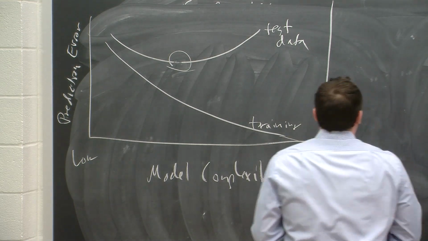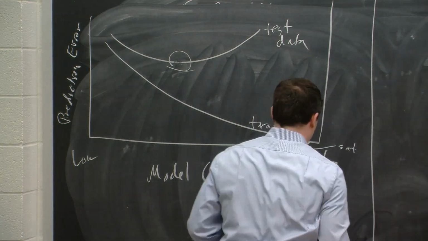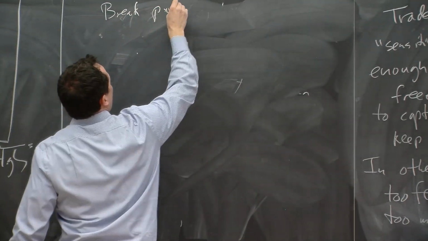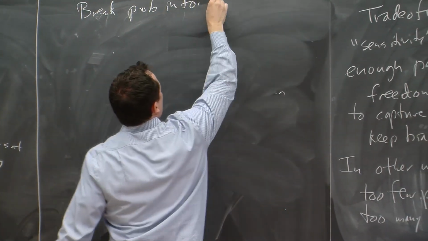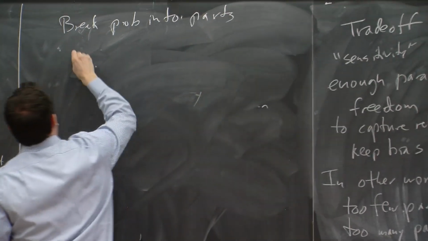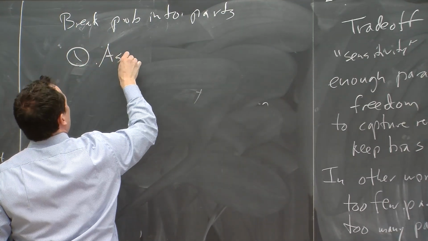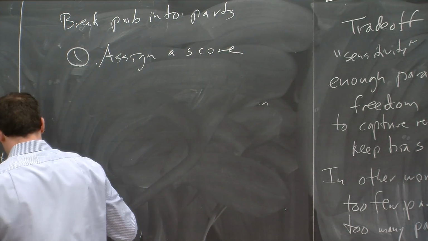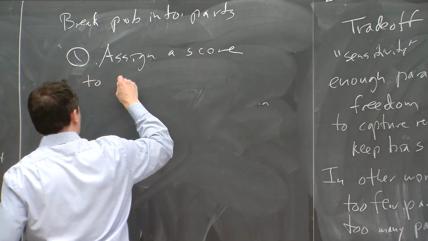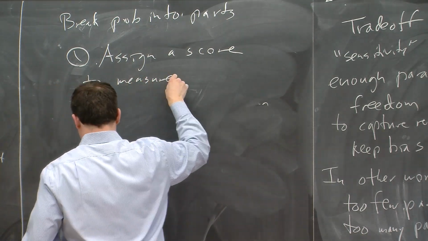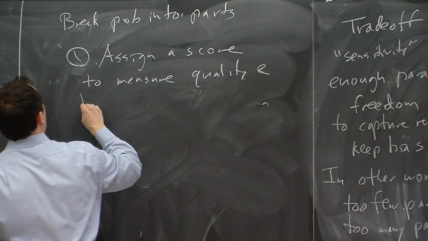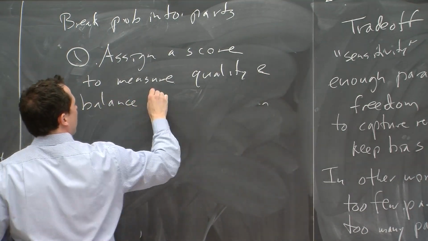So a common way to do this is to break the problem into two parts. One, assign a score, often just a number, to measure model quality and balance these two concerns.